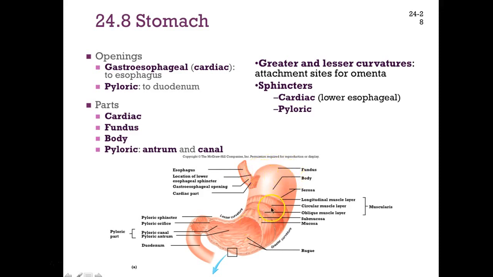The body is the main mass of the stomach, and then the pyloric antrum and canal is found here closer to the pyloric sphincter. Now we also have on the left side of the stomach the greater curvature, and over on the right side of the stomach we have the lesser curvature here, and this is where we're going to have the greater and lesser omenta attaching.